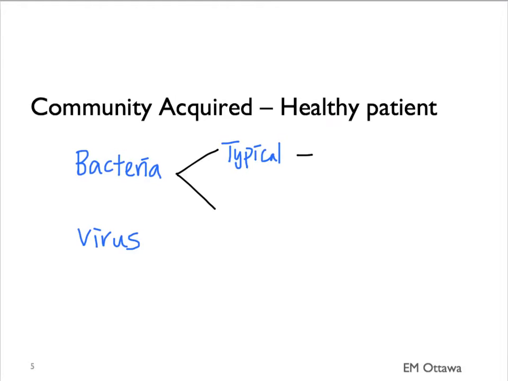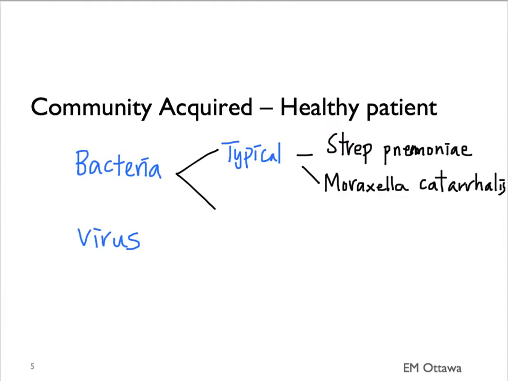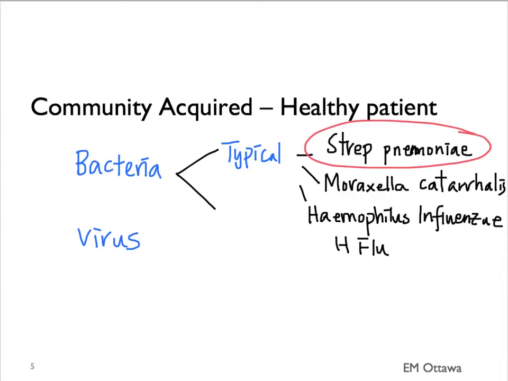The bacteria include Strep pneumoniae, Moraxella catarrhalis, and Haemophilus influenzae, or H. flu for short. Of the three typicals, Strep pneumoniae is the most common cause of typical community-acquired pneumonia. In terms of atypical organisms, they can include Mycoplasma and Chlamydia.